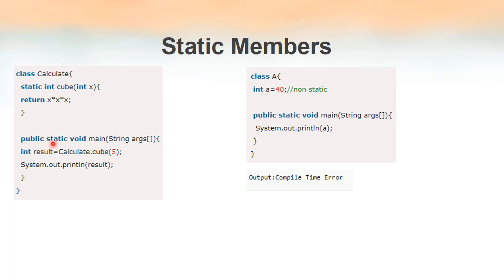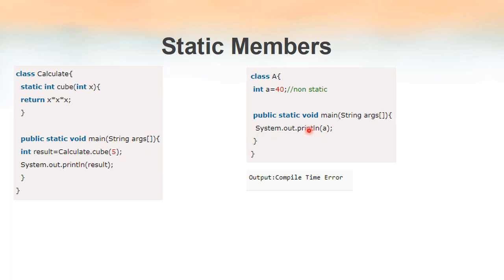Main method is static, which means it can access only static methods as well as static variables. And see how we are calling the method: class name dot method name. We don't have to use an object name because the method cube belongs to the class Calculate because of the keyword static. There is no need to create objects. We can directly call it by class name dot method name.